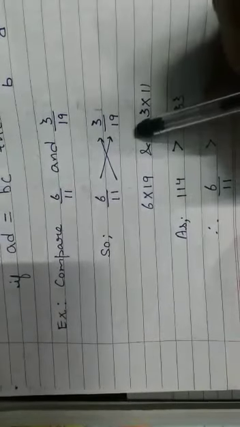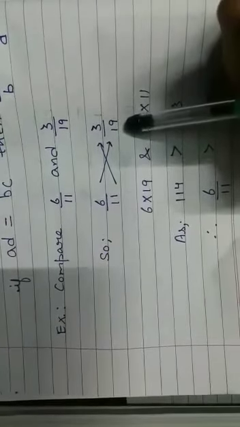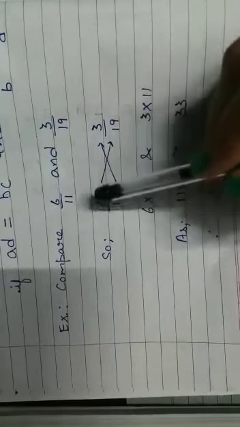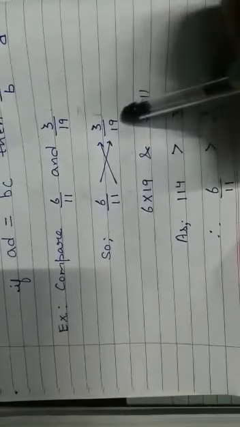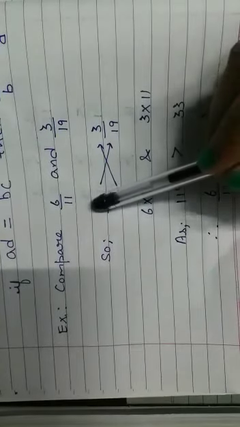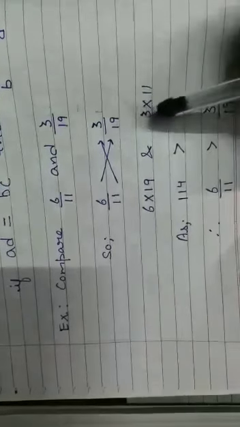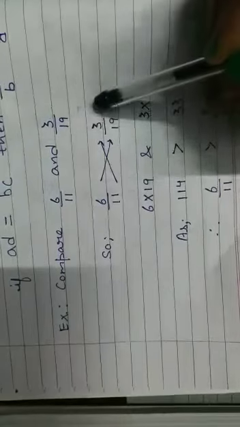So suppose we have to compare 6 upon 11 and 3 upon 19. As I told you, this is the cross multiply method, in which we multiply the numerator of the first fraction with the denominator of the second fraction. That is, we multiply 6 with 19 and we multiply 11 with 3. Okay, so 6 multiplied by 19 is 114, and 3 multiplied by 11 is 33.